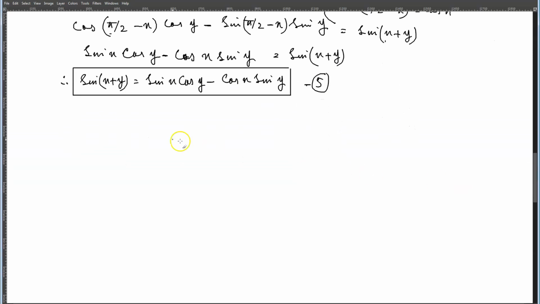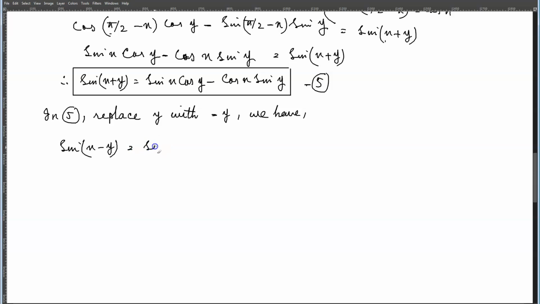Now in number 5, if you replace y with negative y, we have sine of x minus y is equal to sine x cos negative y minus cos x sine negative y, which is equal to sine x cos y, since cos of negative y is cos y, and sine of negative y is equal to negative sine y, so the negative comes out, multiplied by this becomes cos x sine y.